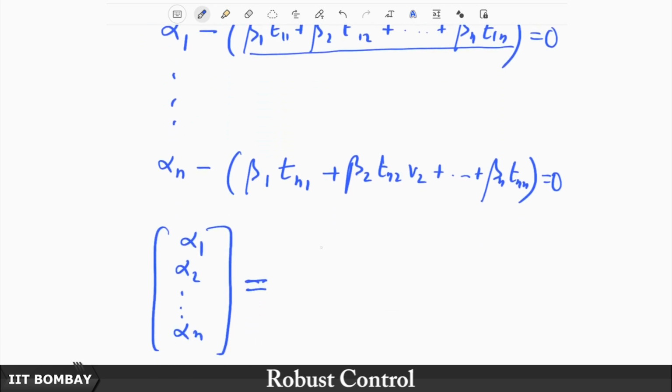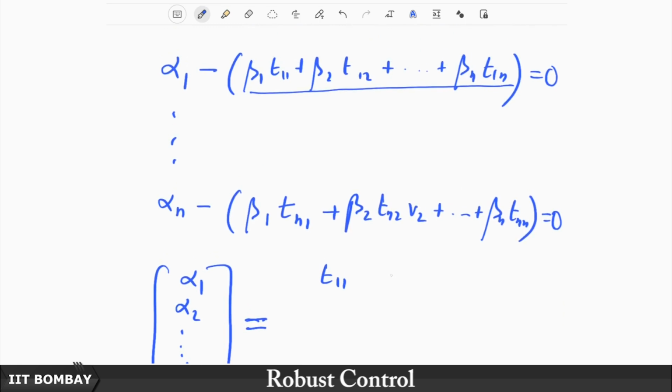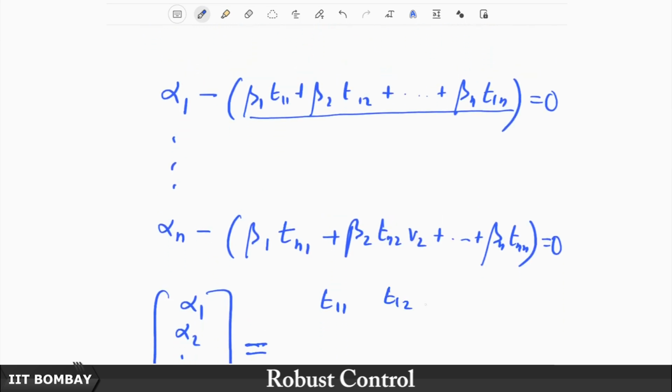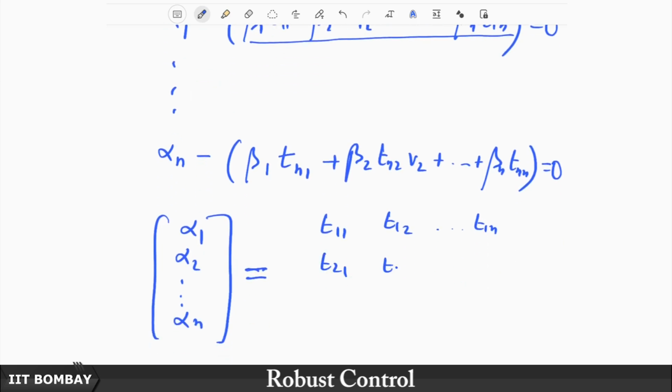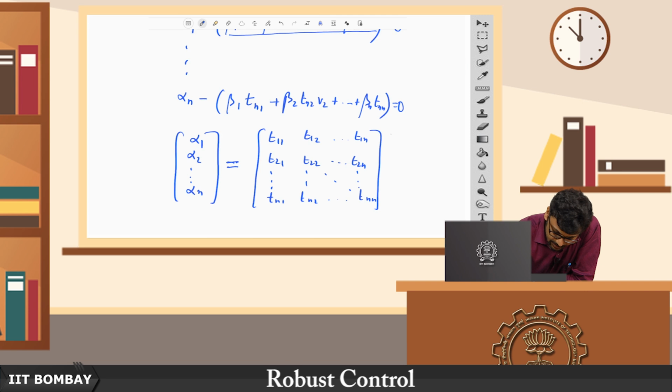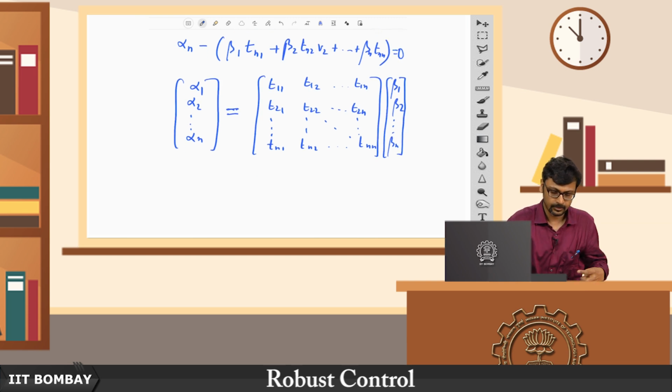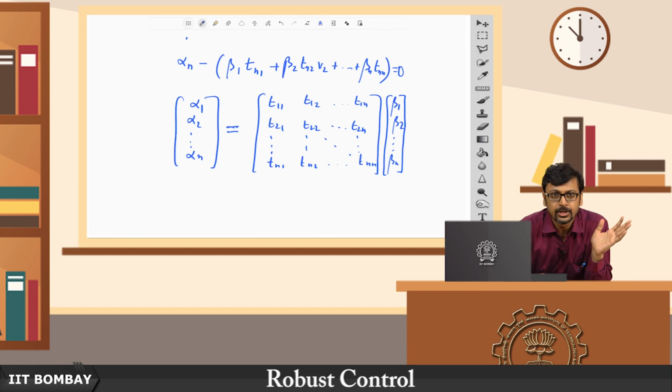Yeah, it is indicating to me that this is T11, T12 dot dot dot till T1n, and this is T21, T22 dot dot dot till T2n, until the last fellow here is Tn1, Tn2 dot dot dot till Tnn, times beta 1, beta 2 dot dot dot till beta n. This is a very crucial relation.